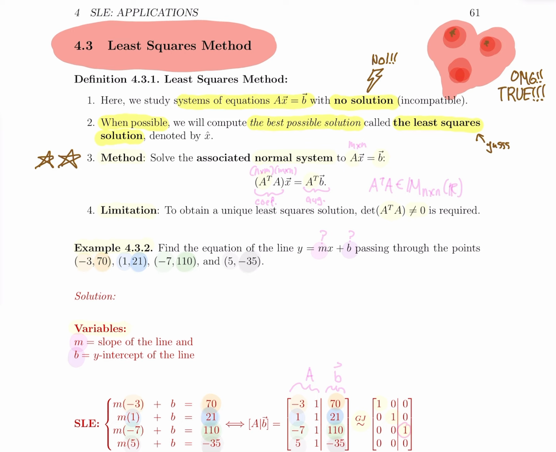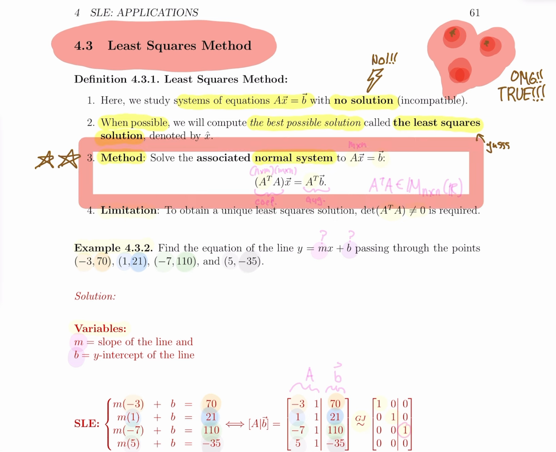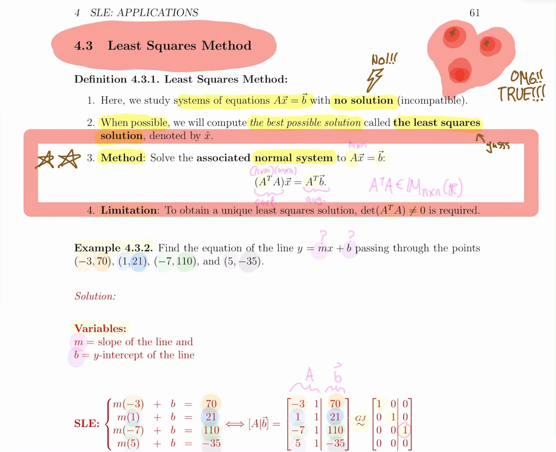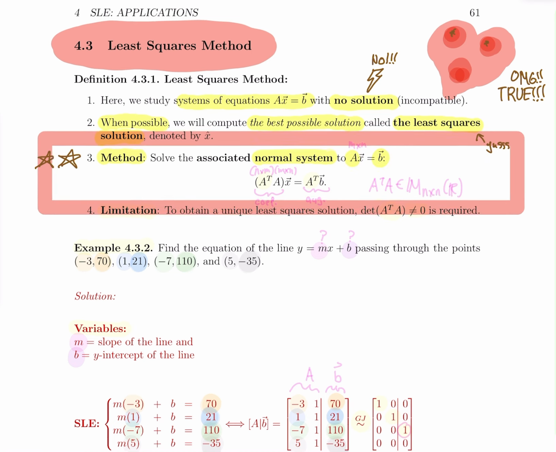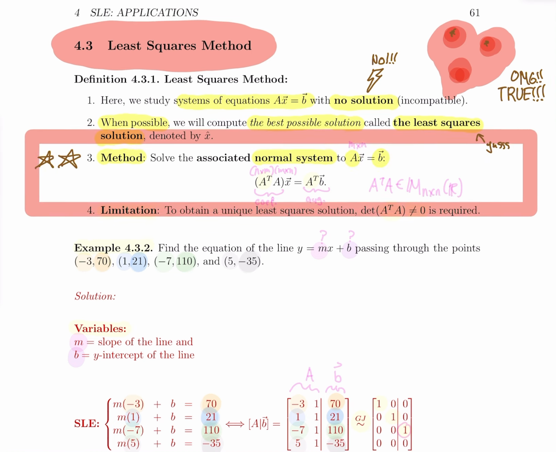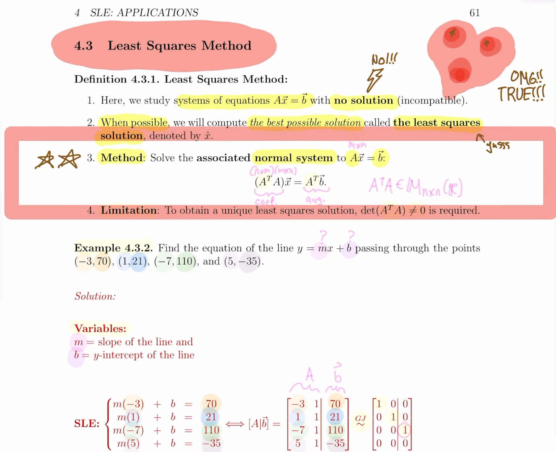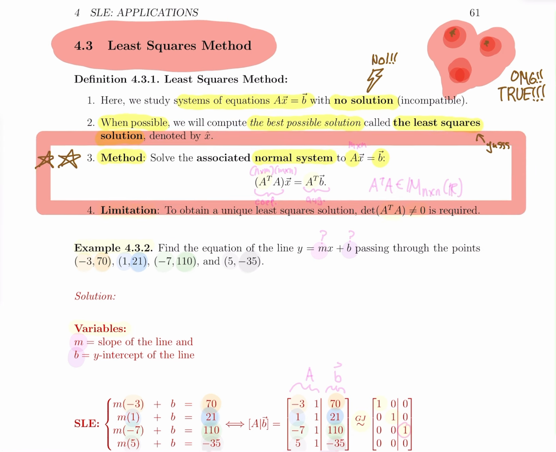The method is that you construct a new system that is called the normal system. You know your coefficient matrix is A, and the augmented part is B. What you do is multiply both sides of this system of linear equations in matrix form by A transpose.